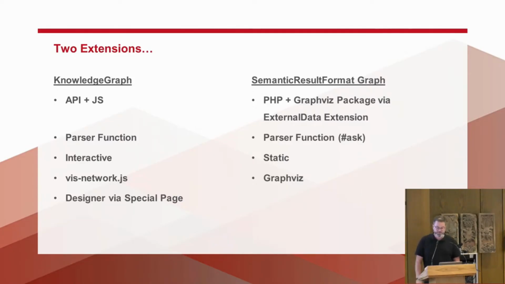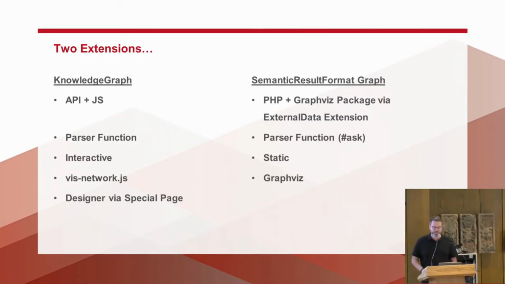And on the other hand, we have the Semantic Result Format, the graph format. That's also super old. The knowledge graph is API plus JavaScript, so it's a client-side approach in the browser, versus the graph format is PHP plus the Graphviz package. Some of you might know that this has been some pain in the past, because Graphviz runs on the server outside of the MediaWiki ecosystem.